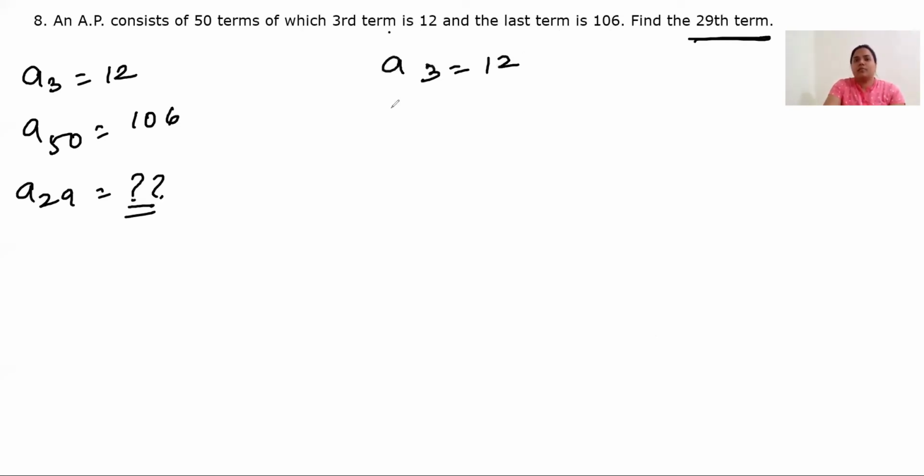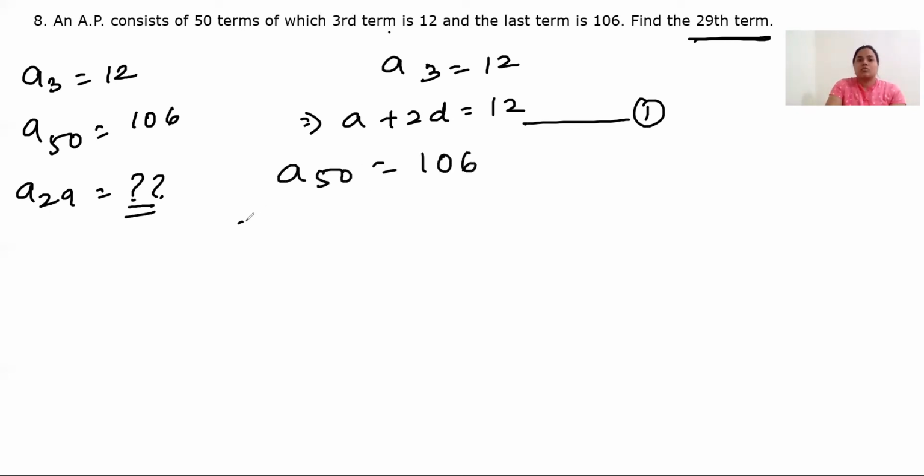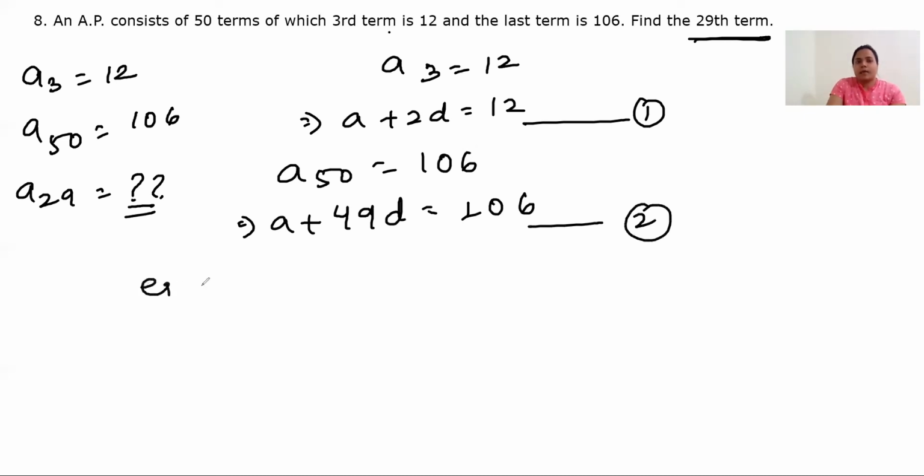A3 is 12 implies that a plus 2d is 12. First equation. Second, A50 is 106, so a plus 49d is 106. This is the second equation.